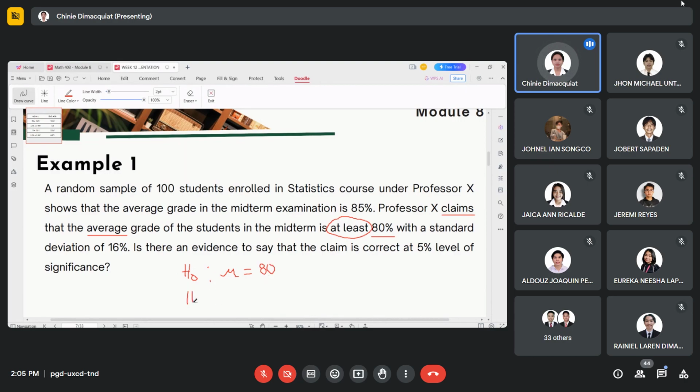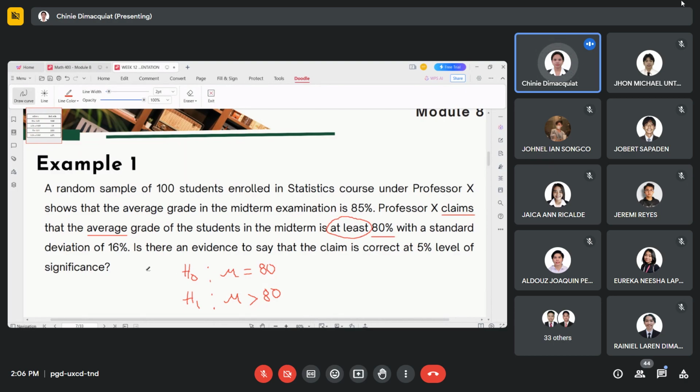Para naman kay alternative hypothesis, dito na natin gagamitin itong at least. So, mean is at least, pinakamababa na yung 80. So, mean is greater than 80. Okay na tayo kay step 1.